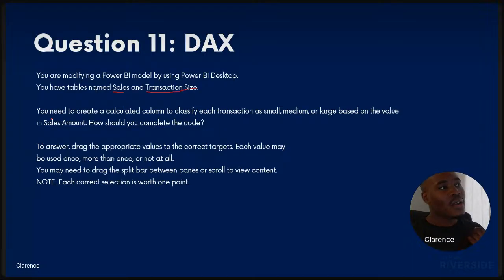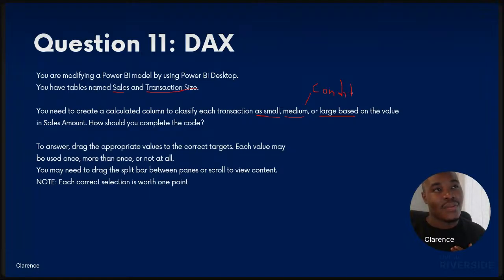Now you need to create a calculated column, very important, calculated column to classify each transaction as small, medium. What I'm getting here is condition. So there's probably a condition here, right? Yeah, my writing is not looking good.